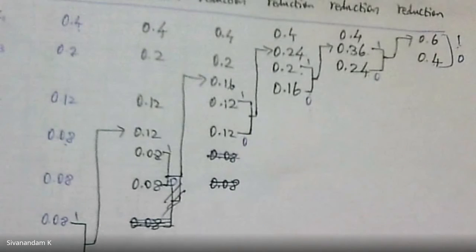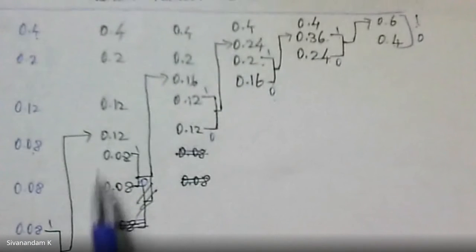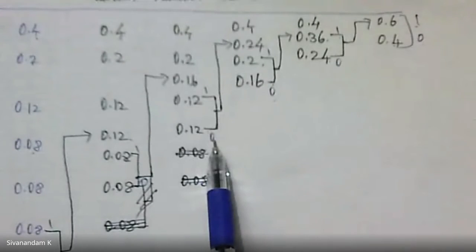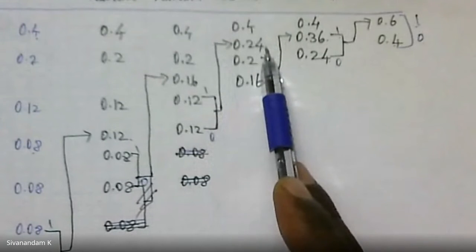Now move to fifth message. Fifth message respective probability is 0.04. Its binary value is 0 in the first stage. Here no assignment. Here assigned as 0. Then it moves to here, no assignment.